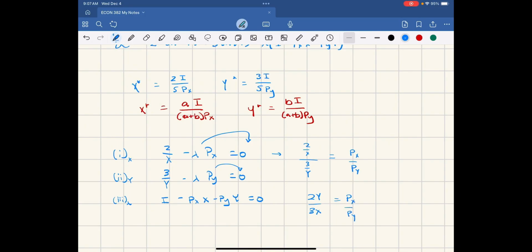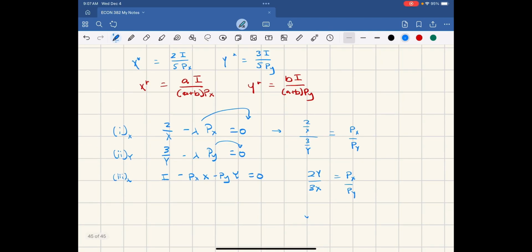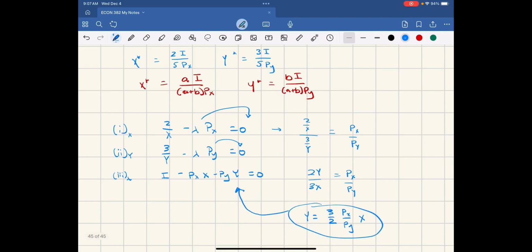And now I'm going to solve this for y. So this then means y is equal to 3/2 px over py times x. So now I've solved for y as a function of x. I can plug that into my budget constraint.